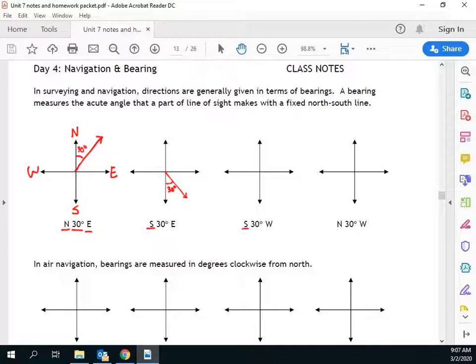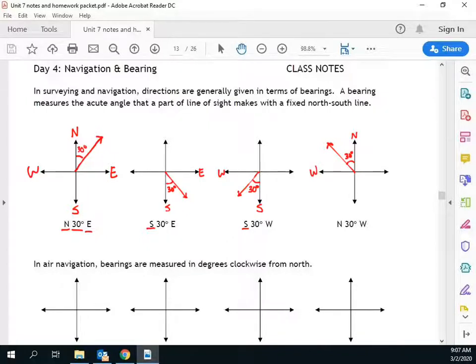Start south and go 30 degrees to the west. Because south and west, south and east. And then finally, to finish it off, start from the north, go 30 degrees to the west.